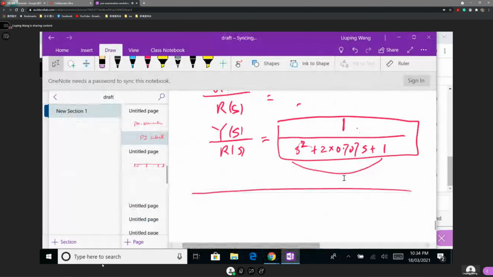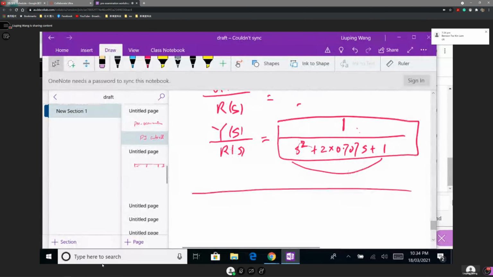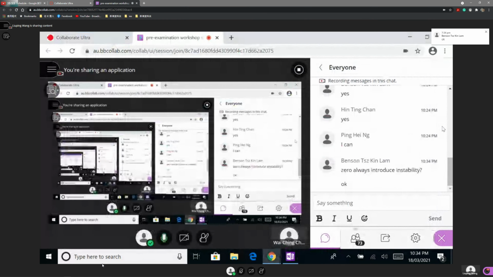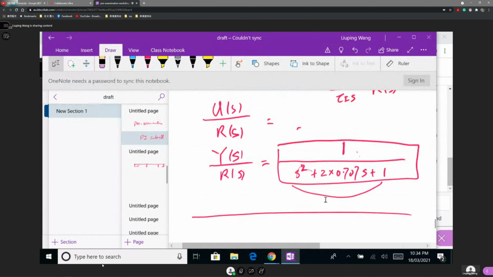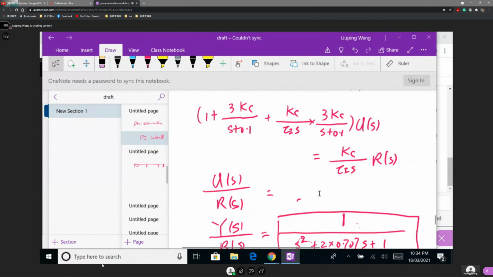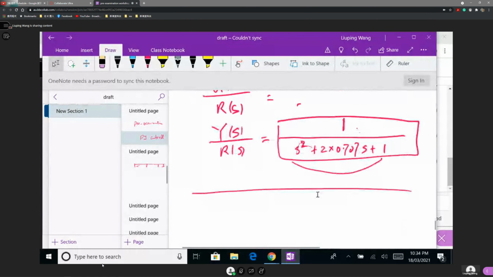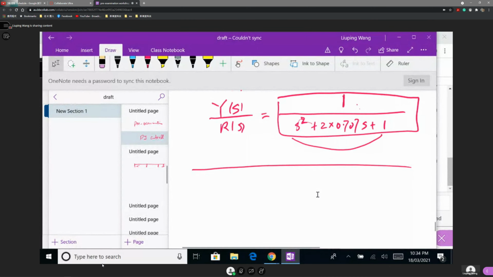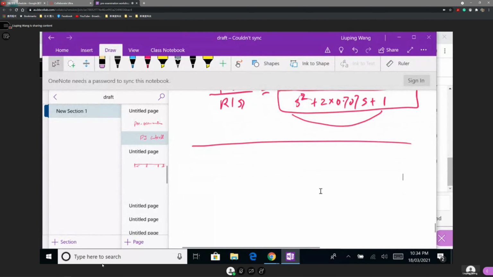A negative zero is a stable zero, and it introduces overshoot. An unstable zero produces a time delay. So if you have a zero like s minus something, like 0.1, like that.